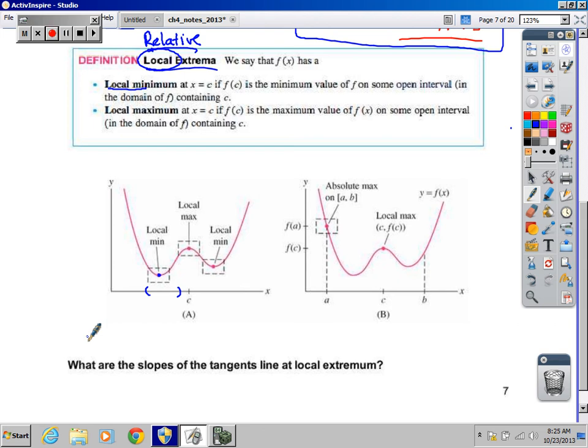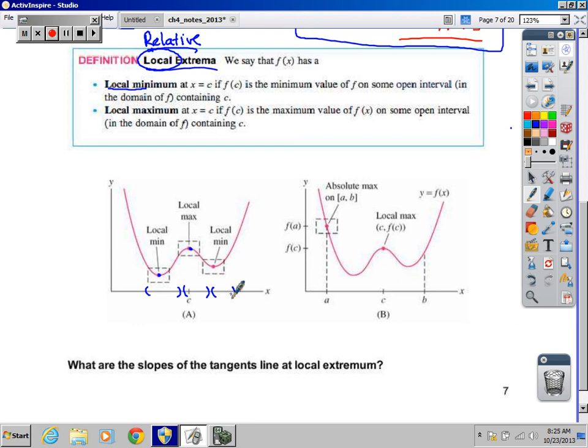That's the lowest point on an open interval. This spot right here is a local max. It could be from 3 to 5 or something like that. Here's a local min. That's going to be maybe from 6 to 8.